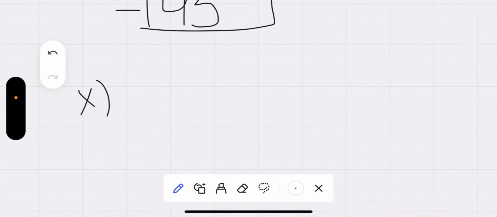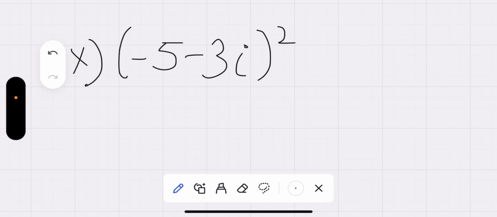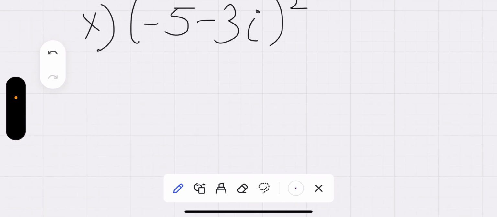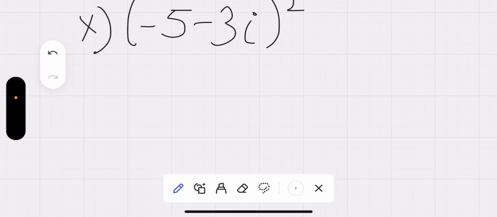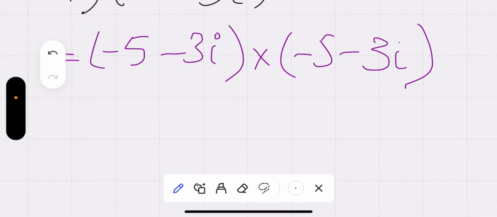Okay, next we have part number 10, which is (minus 5 minus 3 iota) whole square. Again we have whole square, so we can write it 2 times: (negative 5 negative 3 iota) multiply (negative 5 negative 3 iota). Multiplication will be done in the similar way, so minus 5 times minus 5.